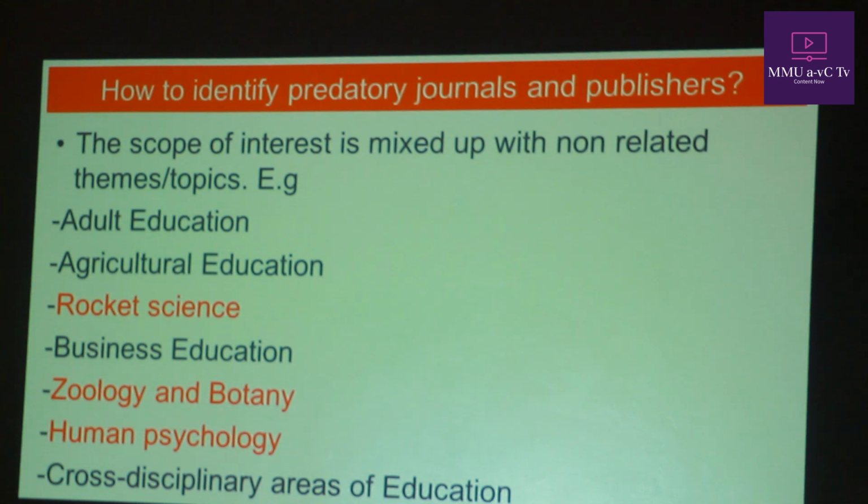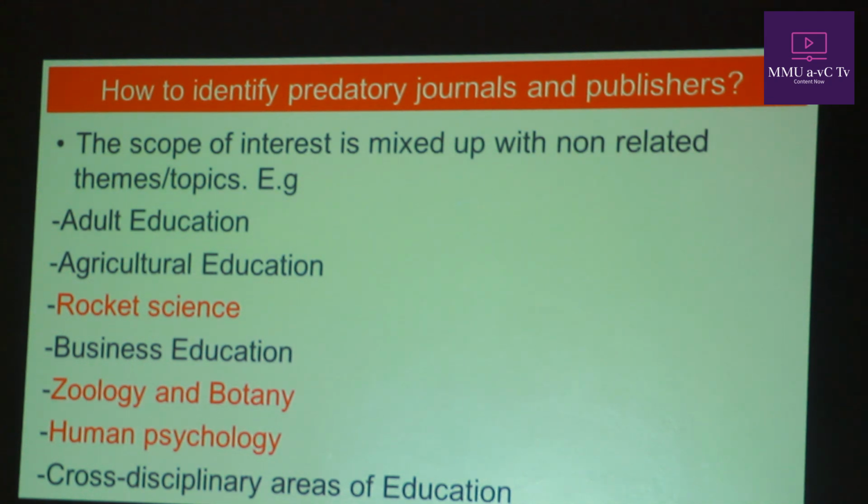So when you are going to submit your article, it must be within that scope. It shouldn't be outside that scope. But for the fake journals, you'll find that the scope is mixed up. It is looking at different aspects, different disciplines, all of them mingled up.